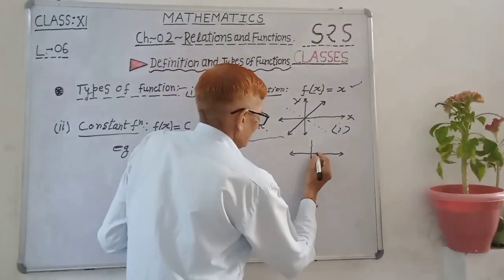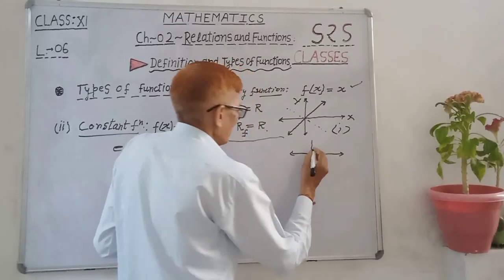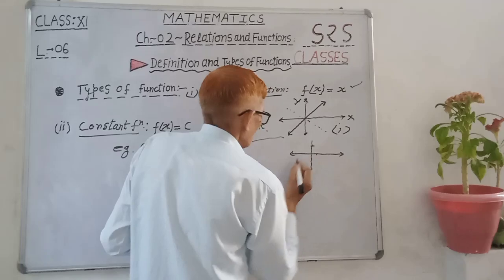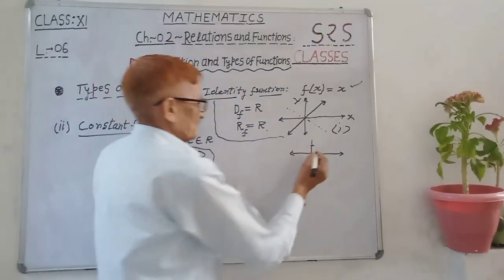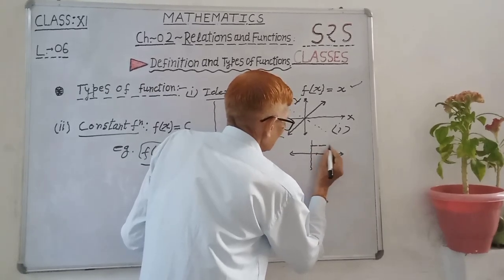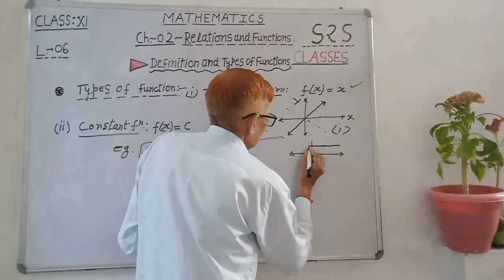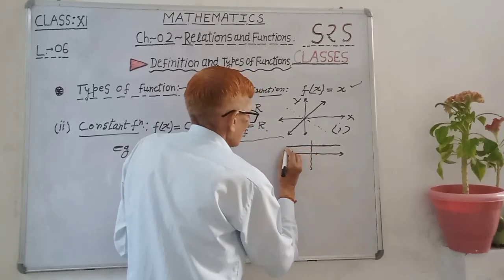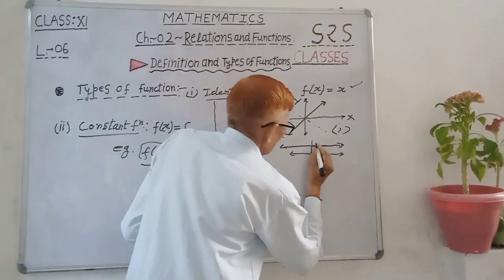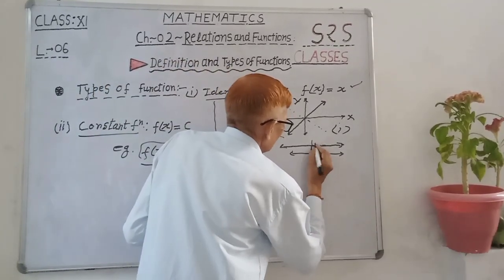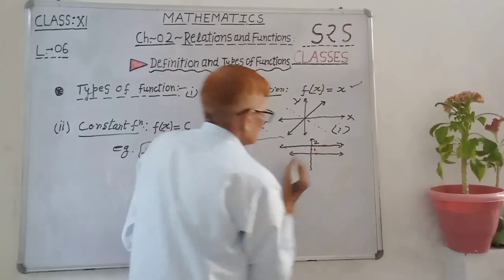For x any value, y is equal to f(x) is equal to 2, so for any value of x the output is 2, and this will be a line parallel to the x-axis at y = 2. Here x is 1, then here 2, y is 2.